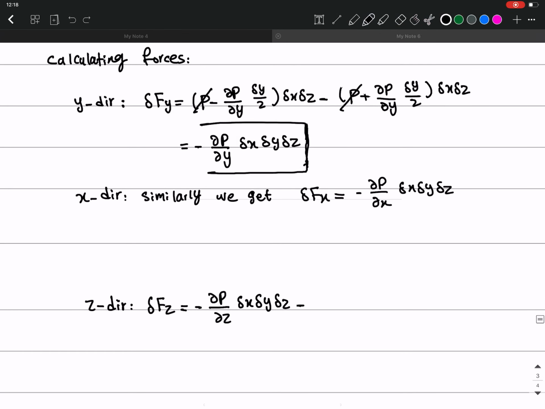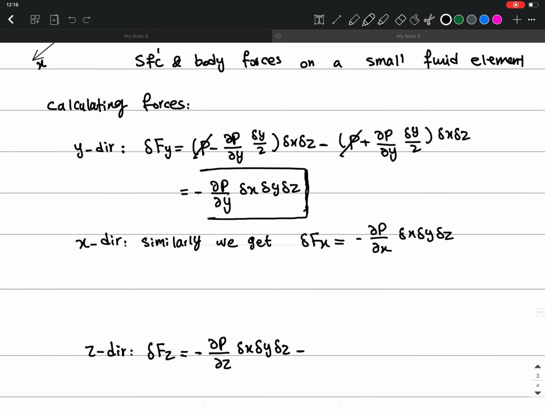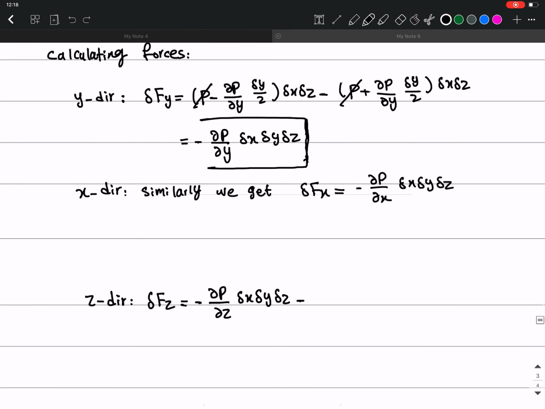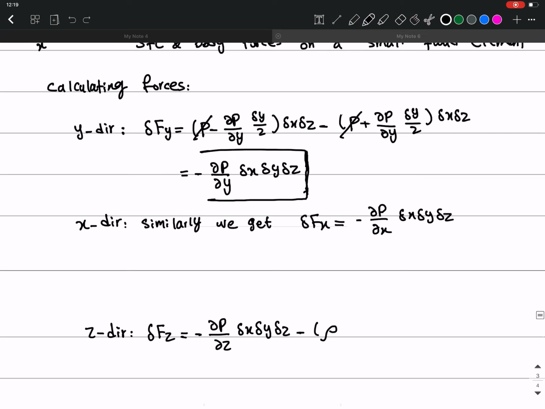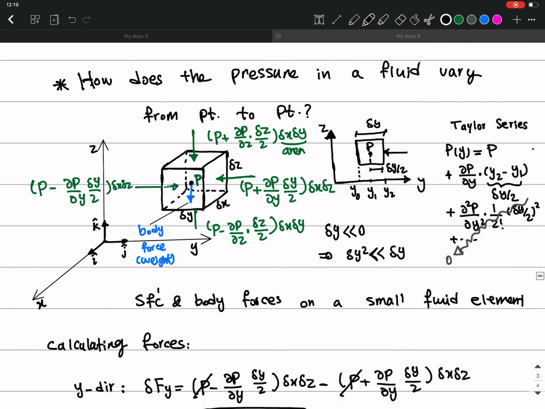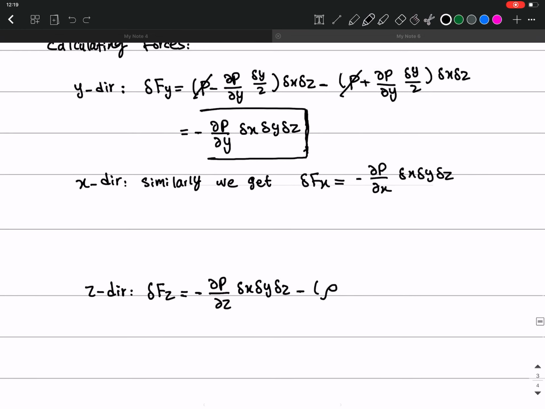So the body force is going to be what? It's going to be just the weight of this fluid element. So the weight is going to be mg, right? It's going to be the mass times the gravitational acceleration. And what is mass? Mass is rho, the density, times the volume of this fluid element, which is going to be delta X, delta Y, delta Z, right?